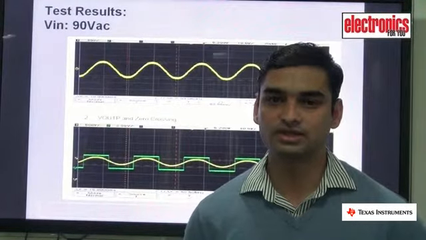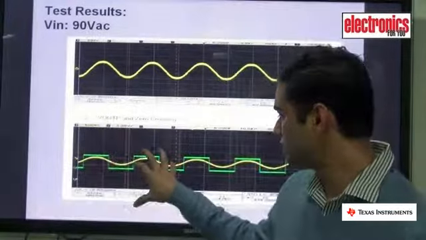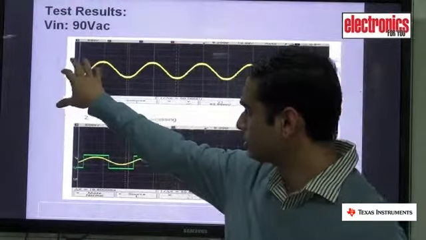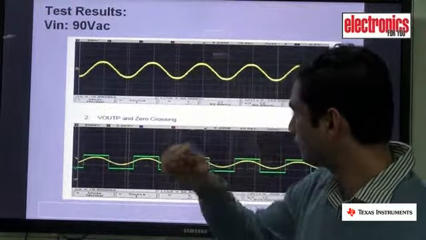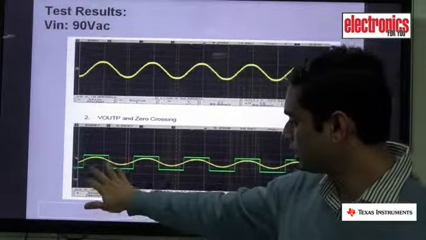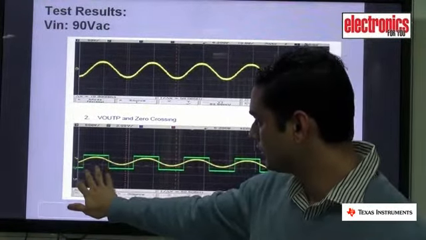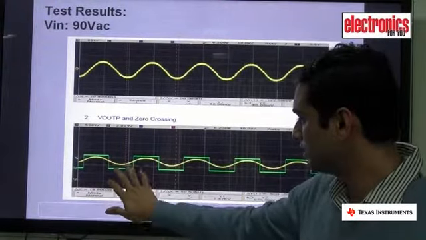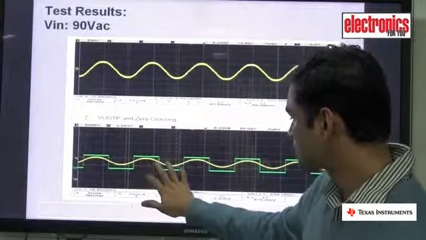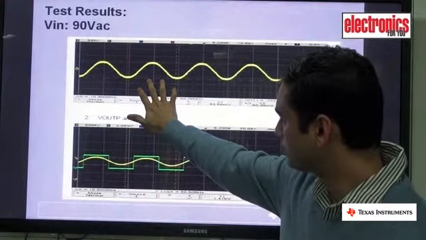Here are the typical test results that you get after doing the zero crossing detection. These test results are measured at 90 volt of input voltage. Here you can see after zero crossing detection, the square wave is a fairly 50% duty cycle.